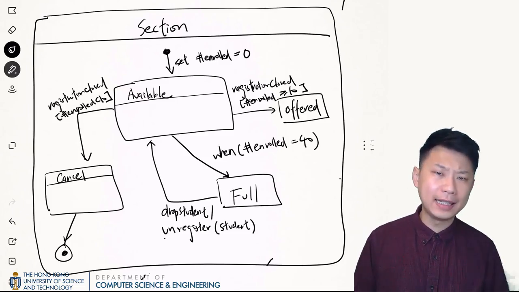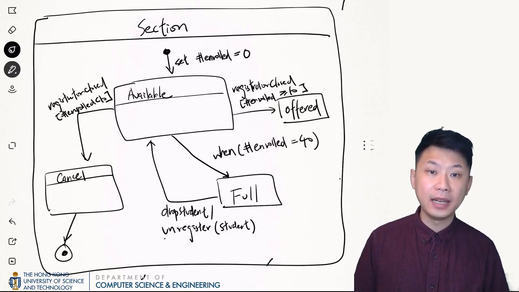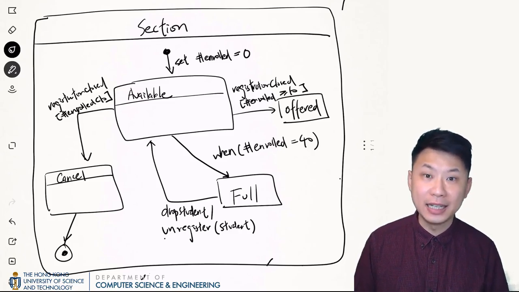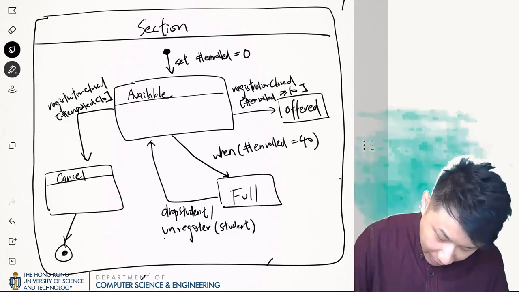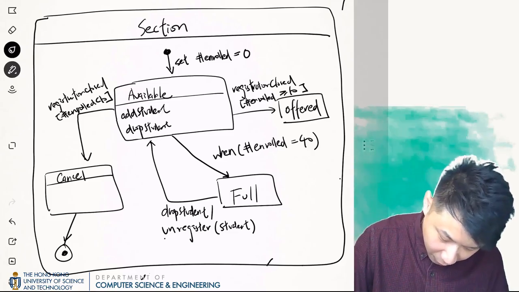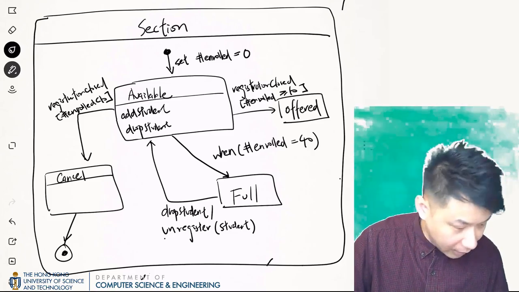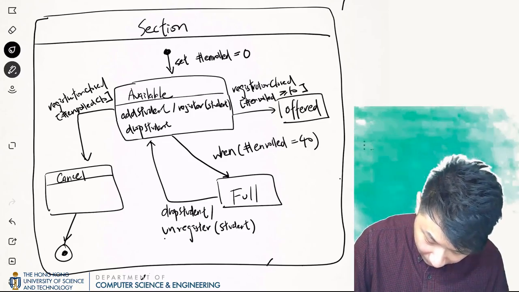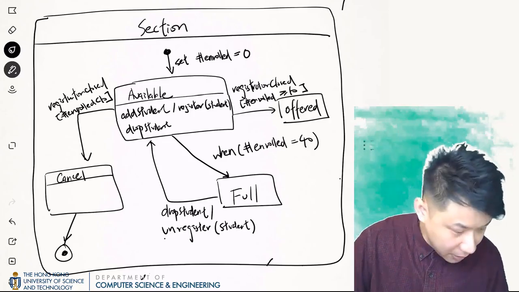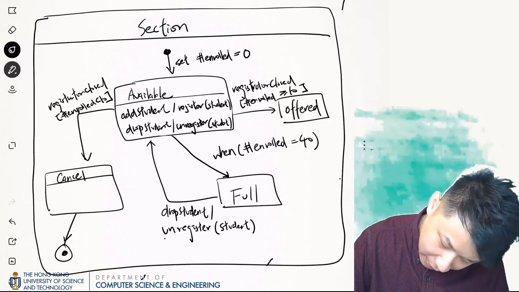And now let's say we know exactly what operations we have within the class. Then we can include more information within the states in this state machine diagram. For example, under the available state, we may add student or we may drop student. When we add student, we have to register the student. And when we drop student, we have to unregister the student.